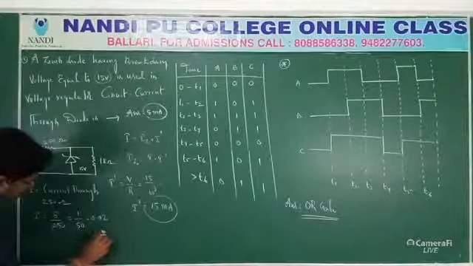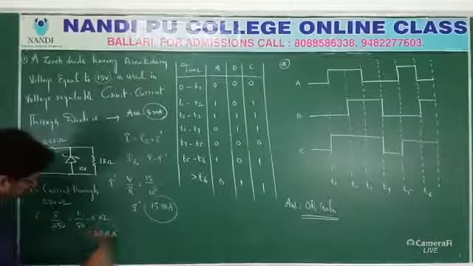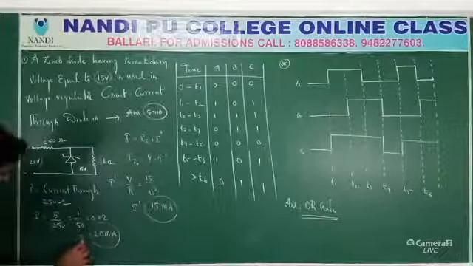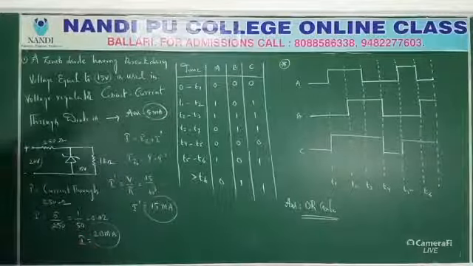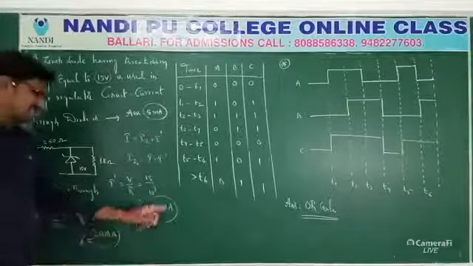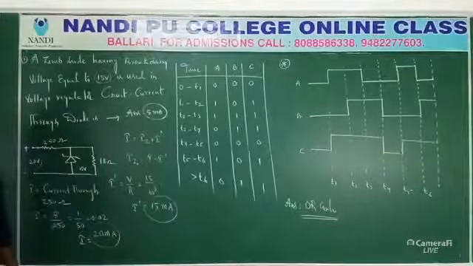I can write it as 20 milliamps. This is the I value. So I is equal to 20 milliamps, and I dash is equal to 15 milliamps.